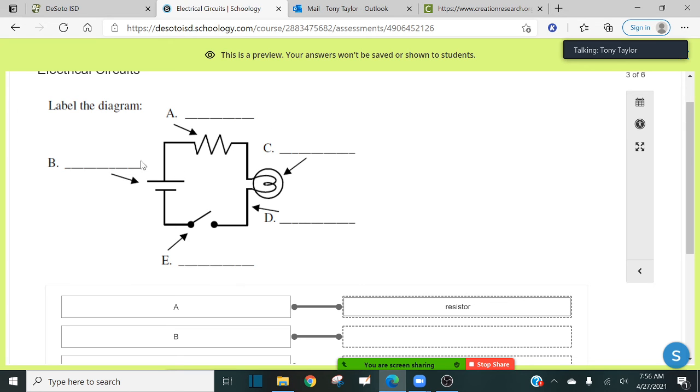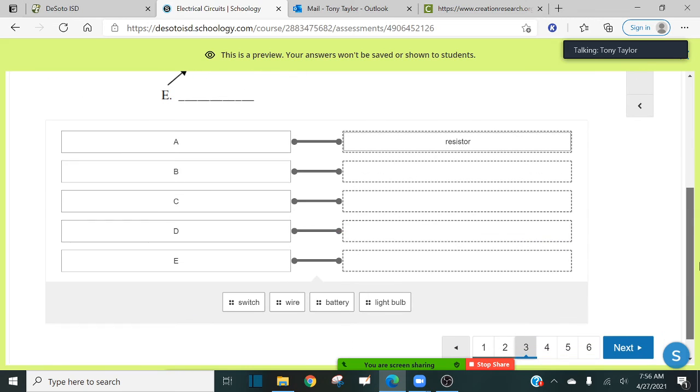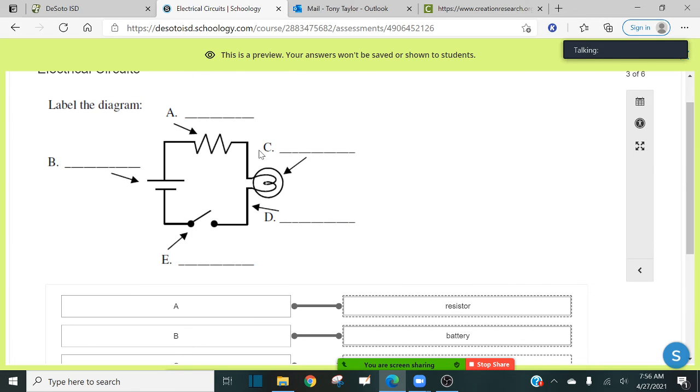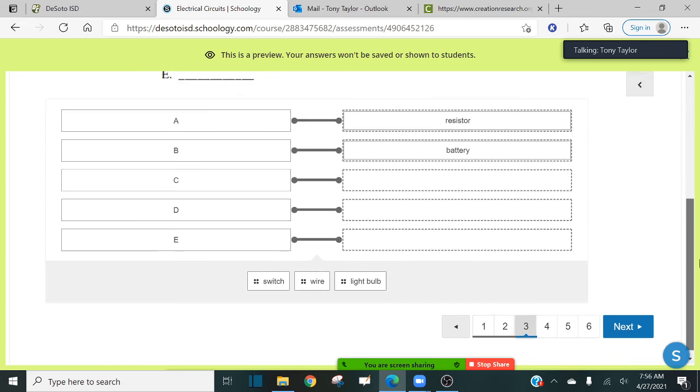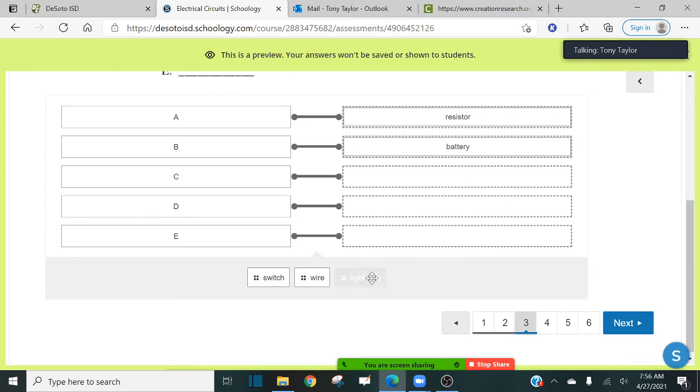What is B? Remember I said these two lines right here represent the position of the battery in the circuit. So B would be our battery. Okay. What is C? Okay, so that looks like they're showing us the position of a light bulb. So C is the light bulb. Okay.